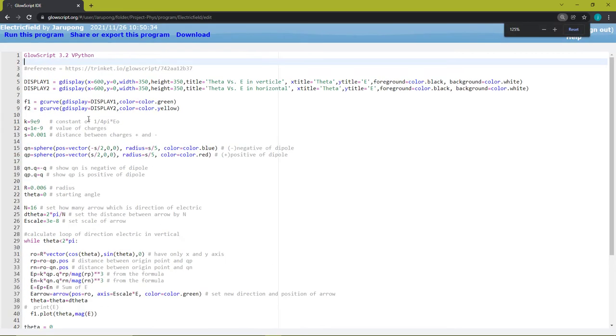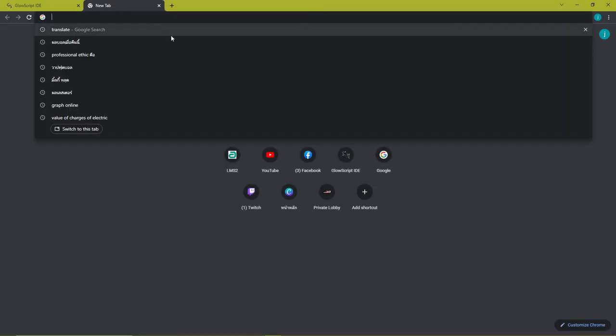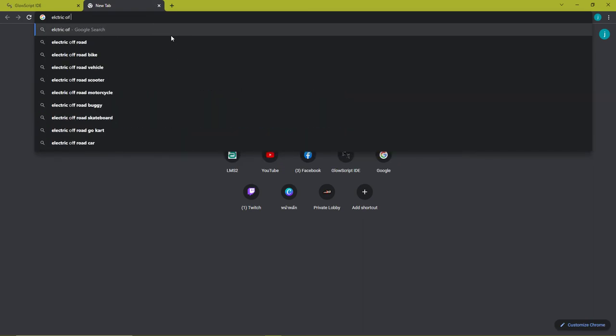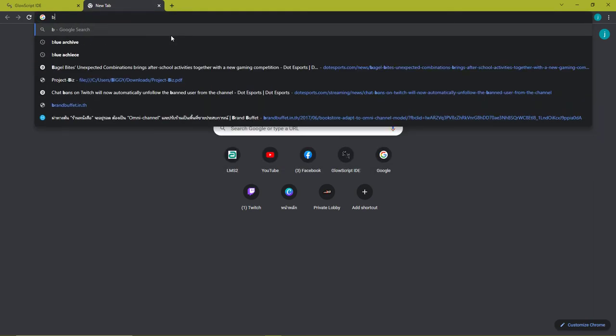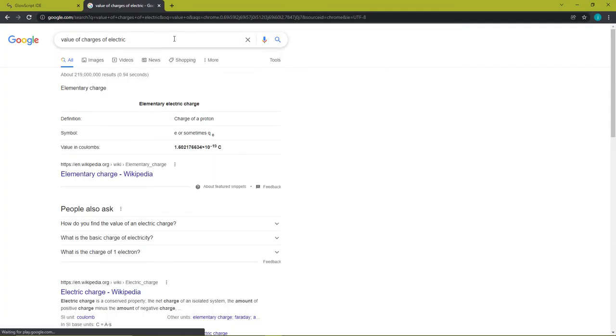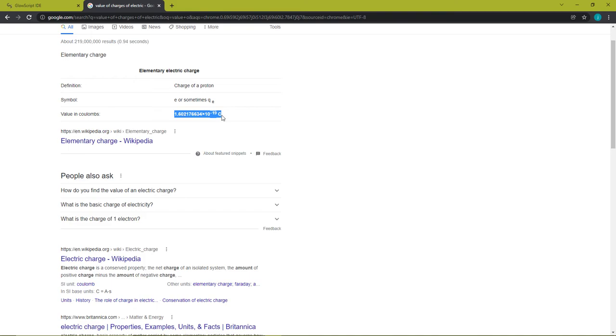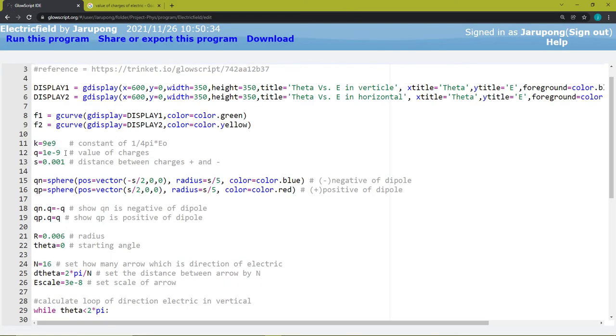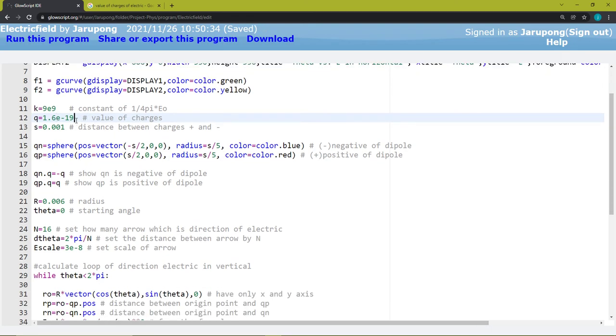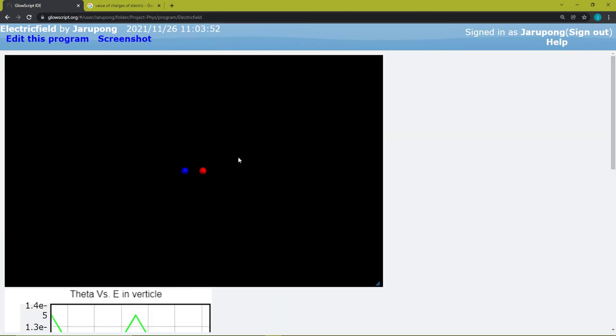And if the charge value is 10 to the power minus 19 coulomb, it is so many rays. How do I set it? You may ask, because if you set this one as 2 rays, you can see it doesn't show any electric field.